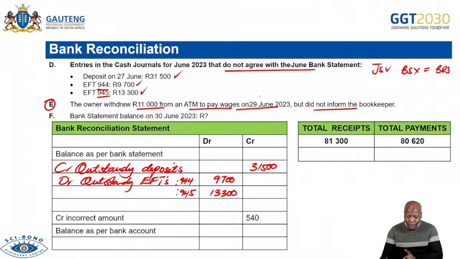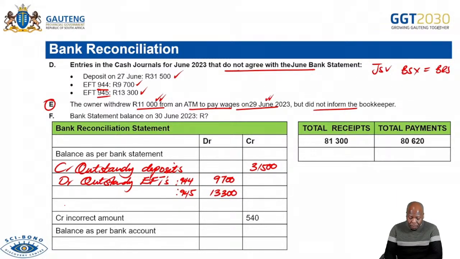The moment the owner withdrew 11,000 at the ATM to pay wages on the 29th of June, and the bank statement is as of the 30th of June, that simply means this transaction of the 11,000 will not appear on the bank statement. That means the bank has no record of this as yet because this is happening on the 29th of June.